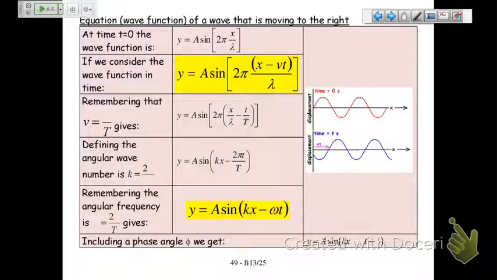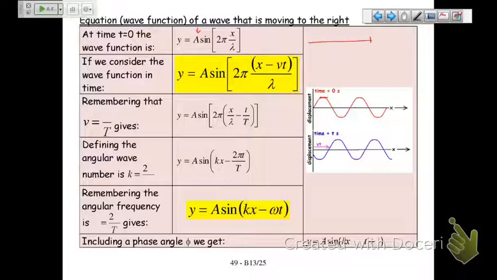So, how do we get this to work with sine waves? We get this to work with sine waves by doing, well, an equation that will give me the shape. And this is the equation that gives me the shape. A is the amplitude of my sine wave. 2 pi x over lambda. x is my position.